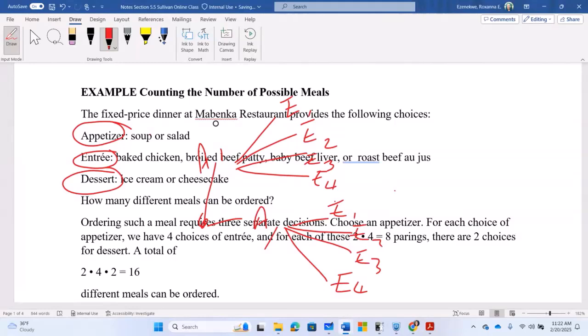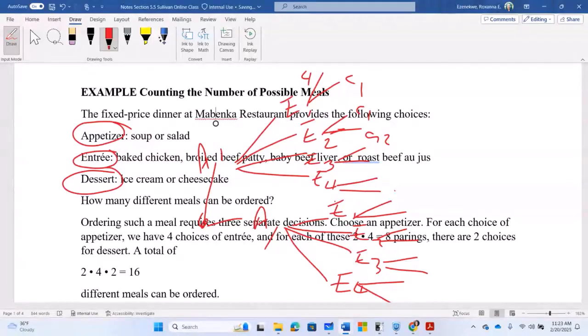And for the dessert, there are 2 kinds of dessert: ice cream and cheesecake. So you have 1, 2 on each branch. So you have C1, C2 on each entree branch.